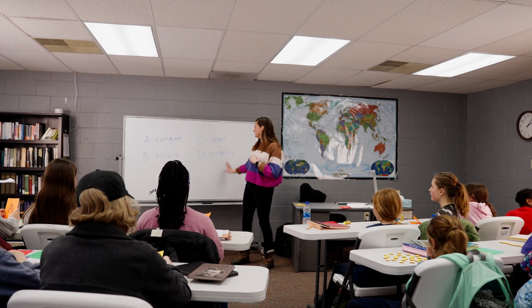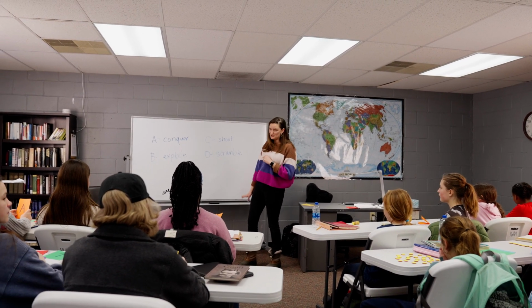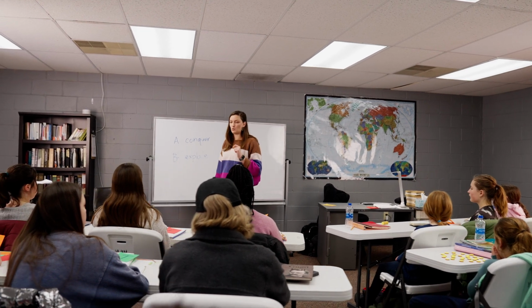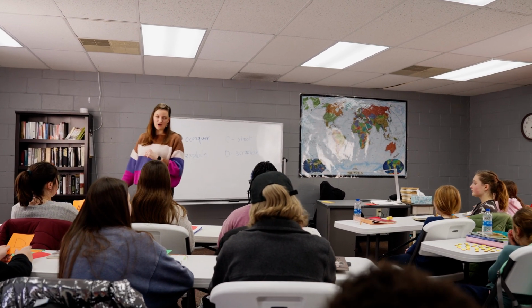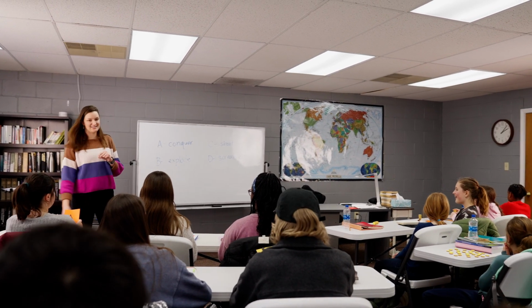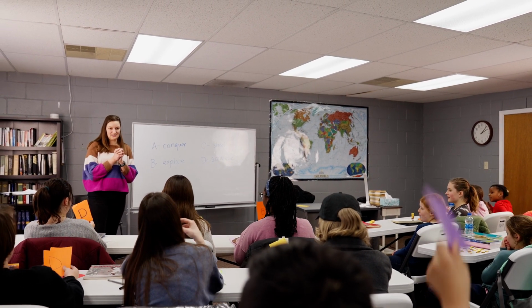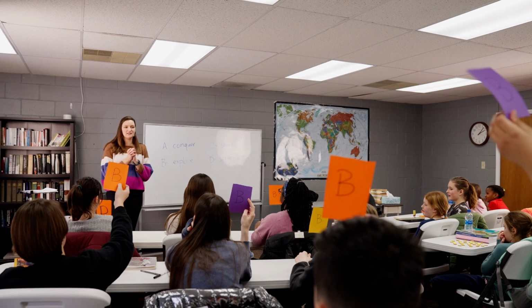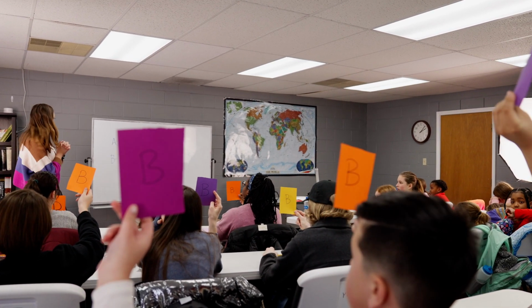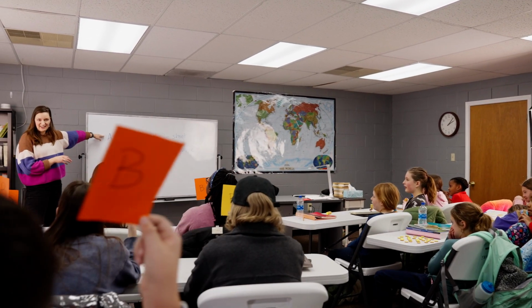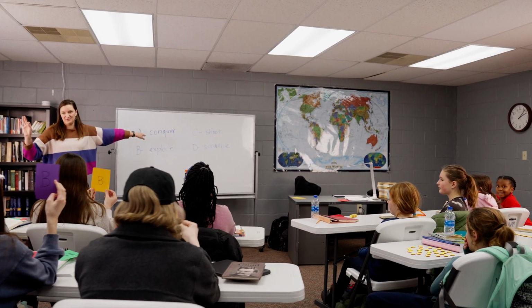B, explode. C, shoot. D, scramble. Okay, which of these words did the author use to describe what the Allies did in World War II? Yes, oh my goodness, I see everyone with answer A. You all did a great job.